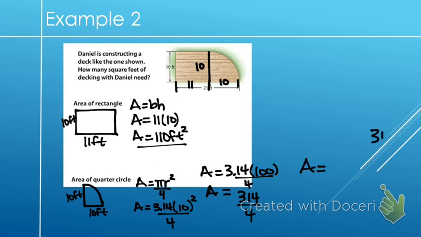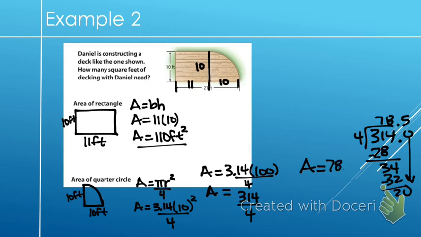Don't forget to divide by that 4 since it's a quarter circle. Okay, so 314 divided by 4, 7 times, 8 times, and then add our decimal, so it goes in 78.5 feet squared, but that's just for the quarter circle.